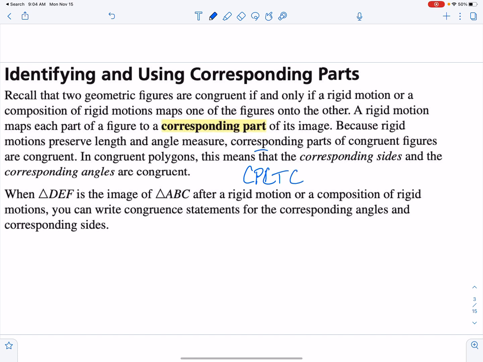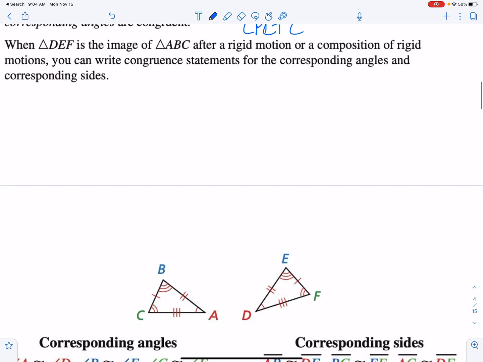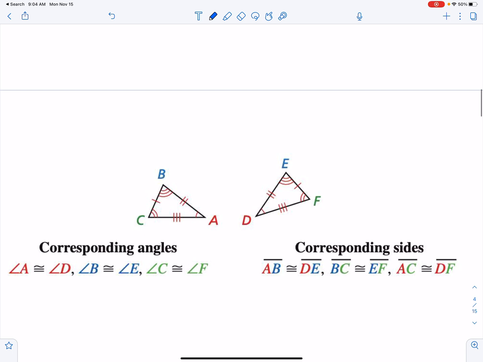So again, that was this right here that we talked about in a previous chapter. We'll use it quite a bit this chapter. So here are our congruence relationships. You can see the angle congruence relationships on the left, the side congruence relationships on the right.